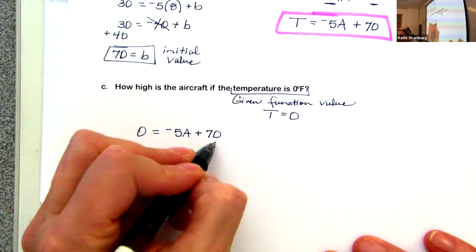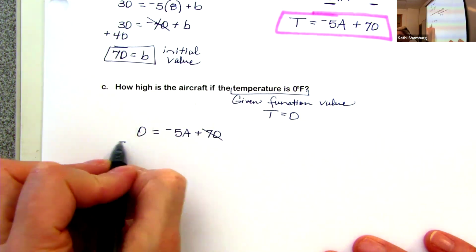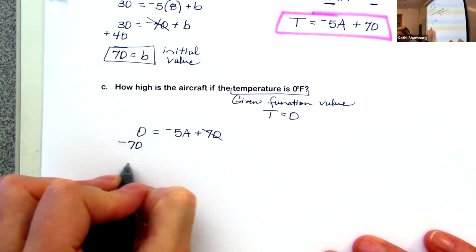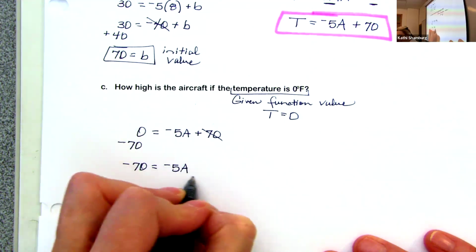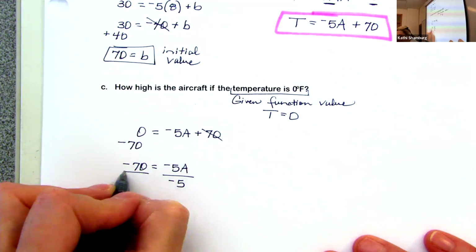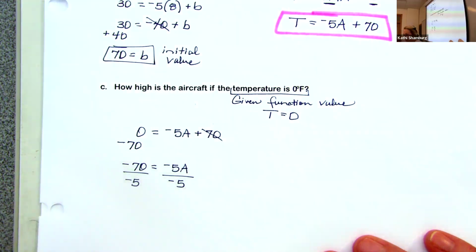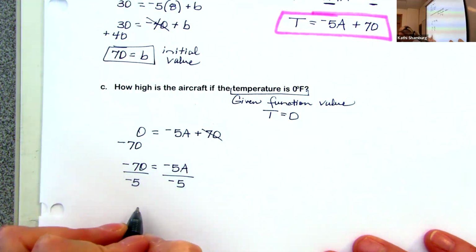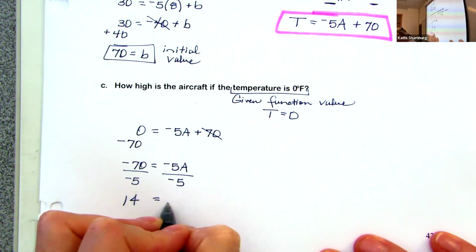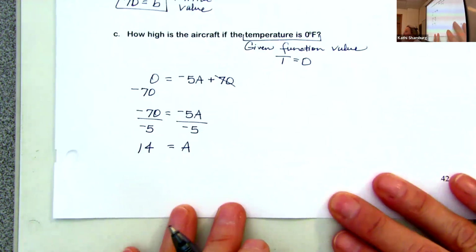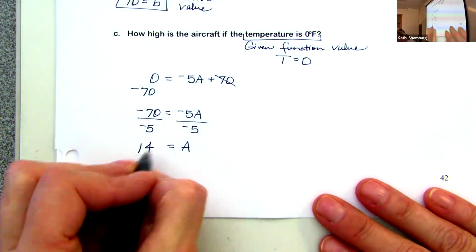So we're going to subtract 70 and get negative 70 equals negative 5A. Divide both sides by negative 5. So what is it? 14. 14 equals A. So 14 what? 1,000 feet.